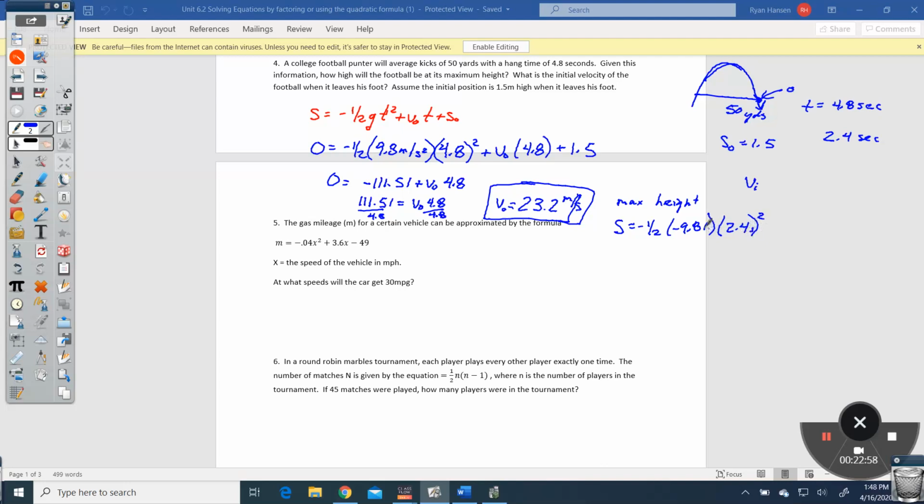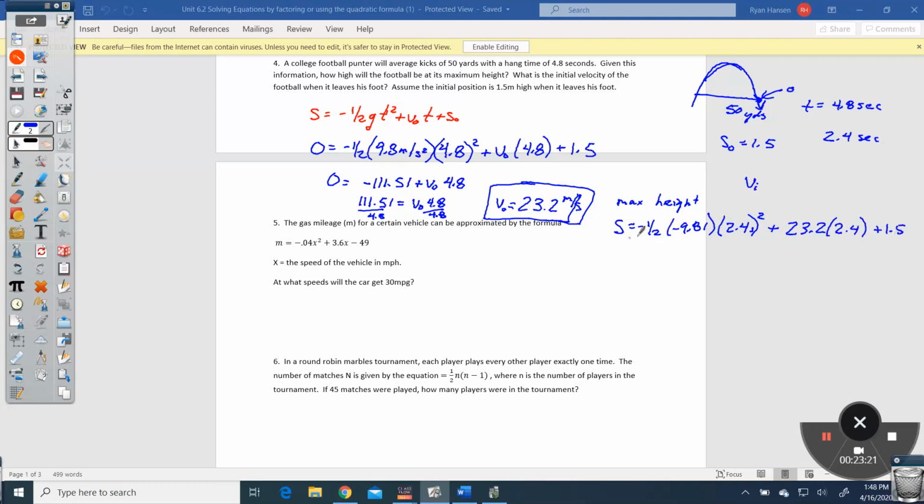This is meters per second squared. We're plugging in 2.4 because remember 4.8 is the whole time, so halfway there is going to be the highest height. So I took 4.8 and split it in half. Plus the initial velocity, which we now know is 23.2, times the time 2.4, plus 1.5.